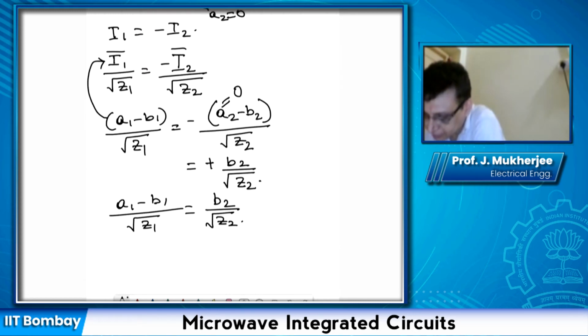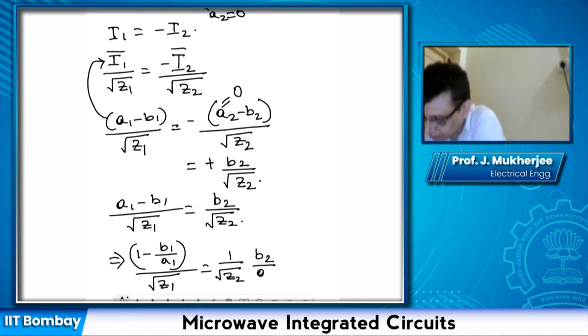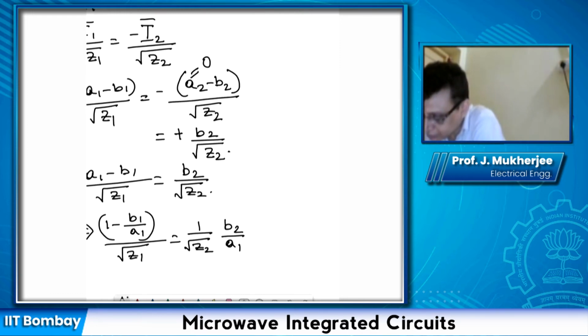Okay. So then if I divide left hand side and right hand side by A1, what I get is... Now what is this quantity?